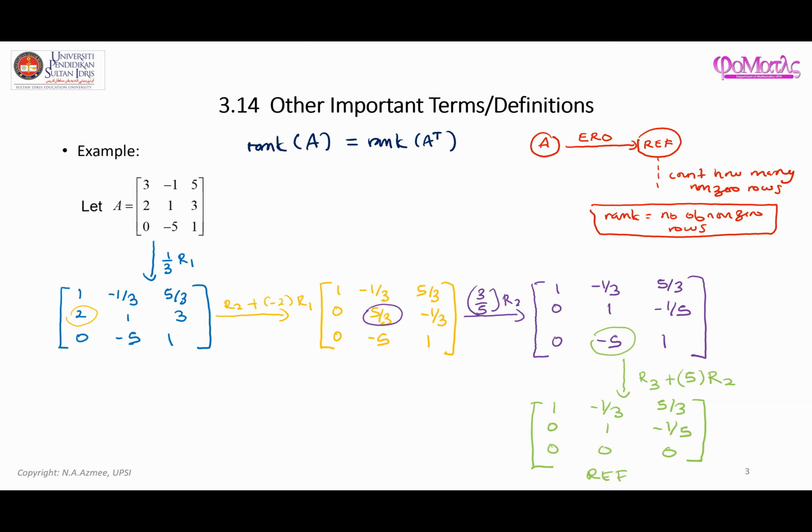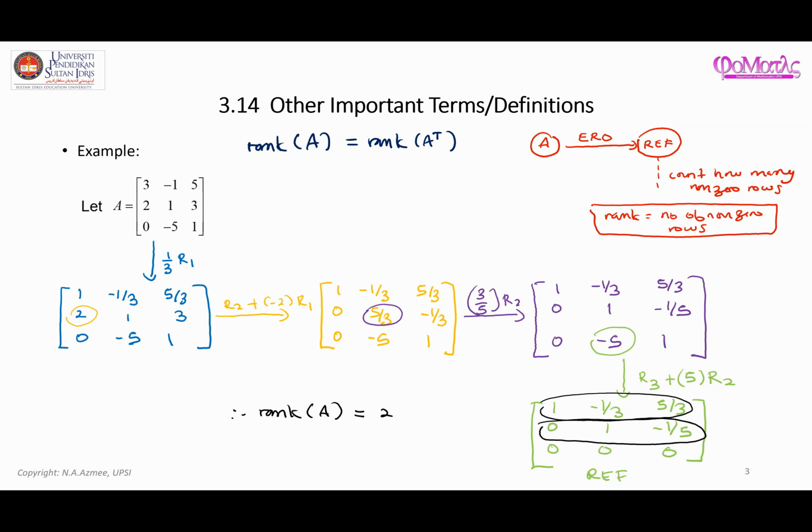And based on this, the number of non-zero rows is, this one is non-zero, this one is also non-zero. Therefore, the rank of matrix A is equal to 2. Okay.